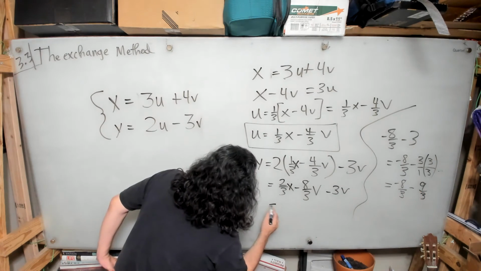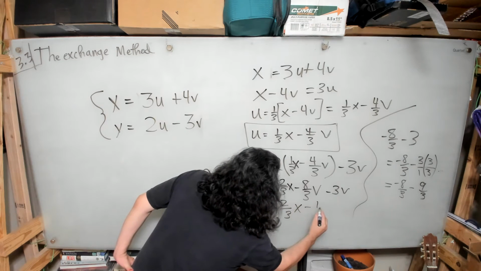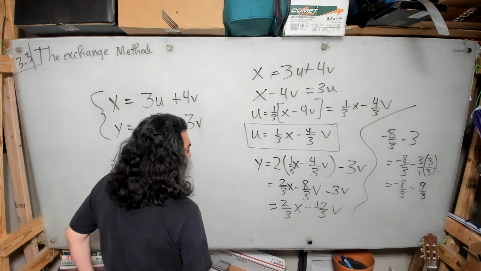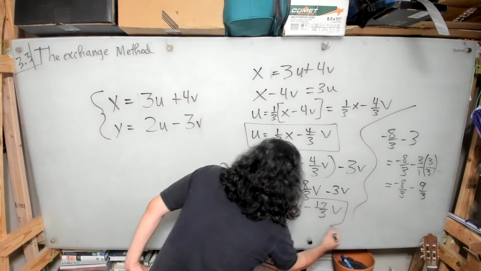So I end up with 2/3 x minus 17/3 v, and that's my y here. And look what has happened here.